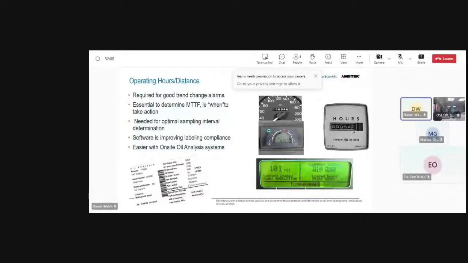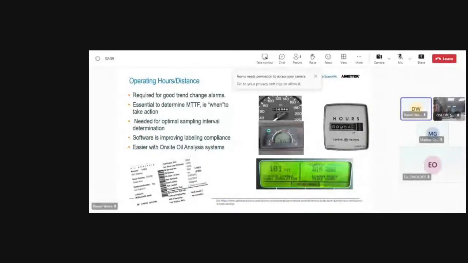This is going to be very important going forward, because of the new intelligence data. If you are recording the time on the machine when you're sampling, or the hours or the distance, consistently, then the new technologies can actually estimate for you the next time that you need to sample or the next time that you need to take action.